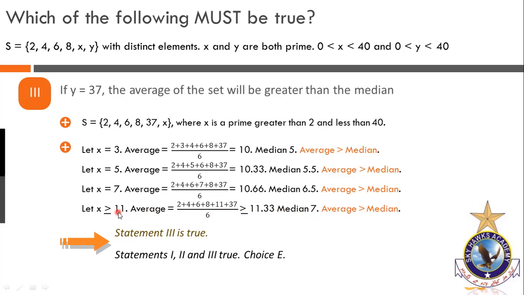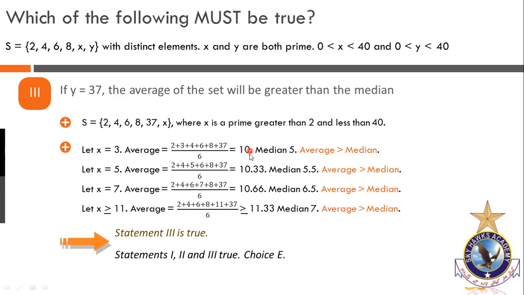If we put 13, once again the average will increase because we are increasing the value. The median is 7. So the median cannot exceed 7, but the average can exceed it from this point onward.